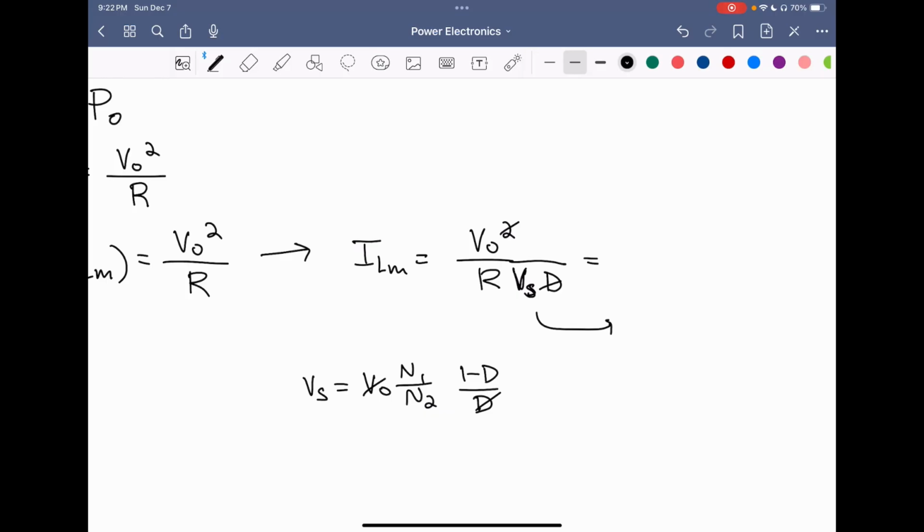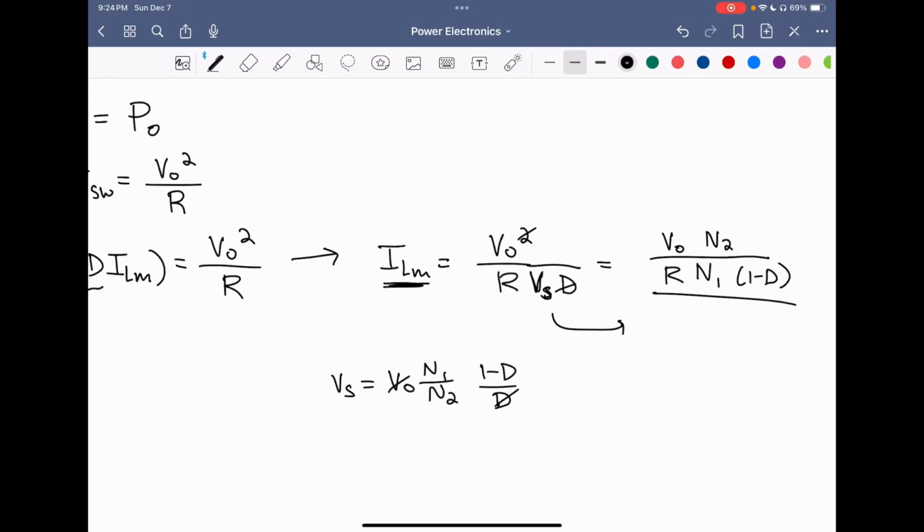So we're going to get VO over R times N2 over N1 times 1 minus D. Okay, so this is one way to express the magnetizing current in terms of the output voltage VO.